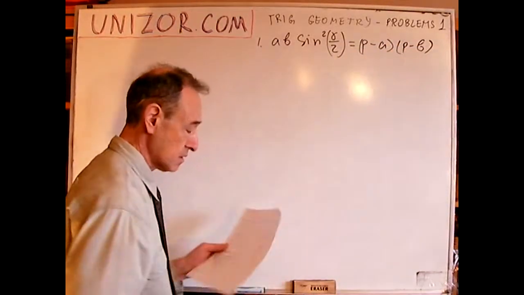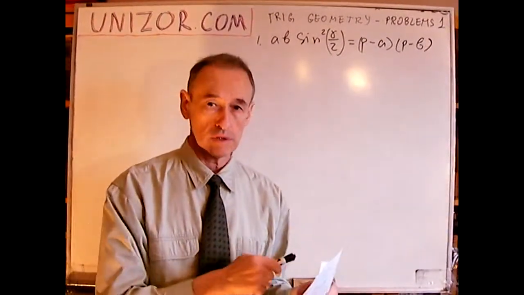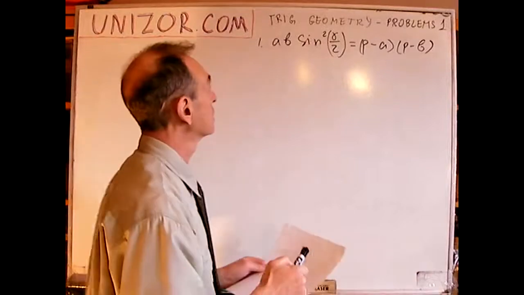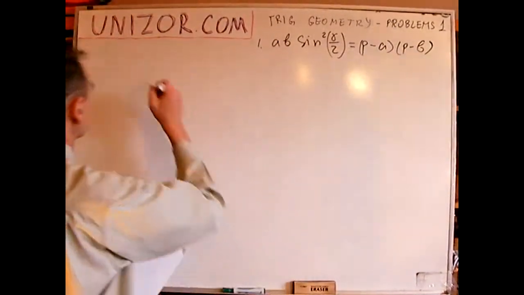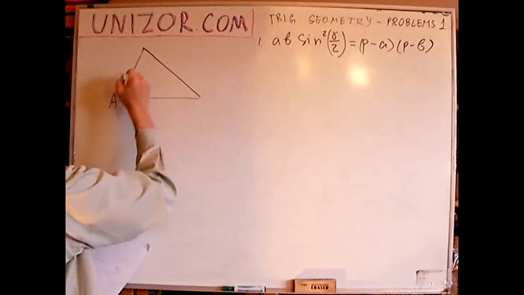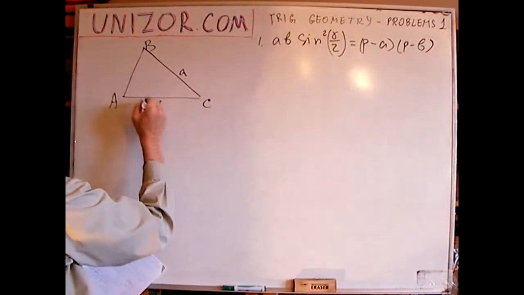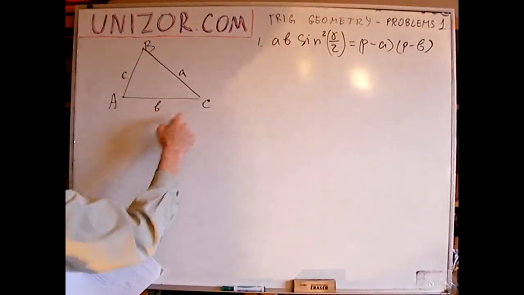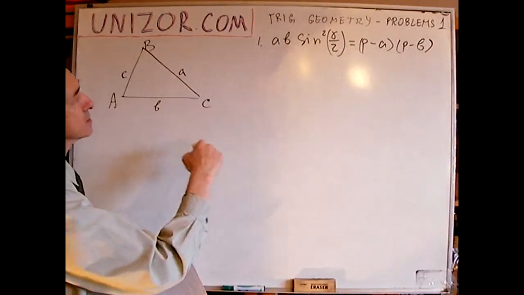Now, I'm using the symbolics which were introduced in the previous lecture. A, B, and C are sides of the triangle, which lie opposite to vertices which are similarly called by using the capital letters.